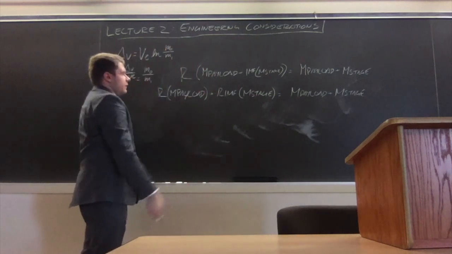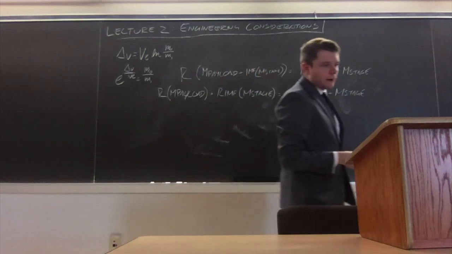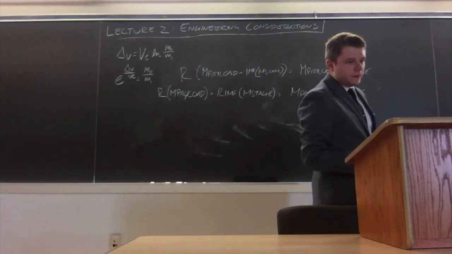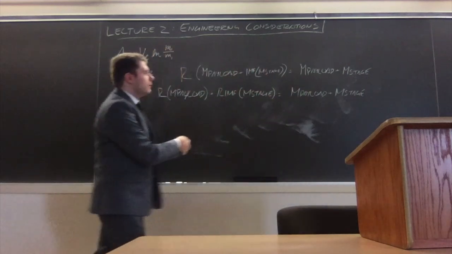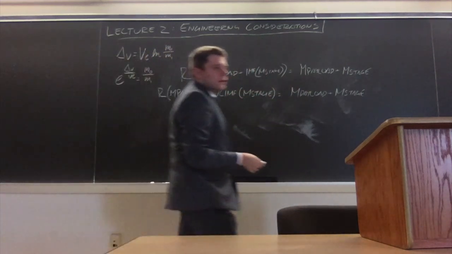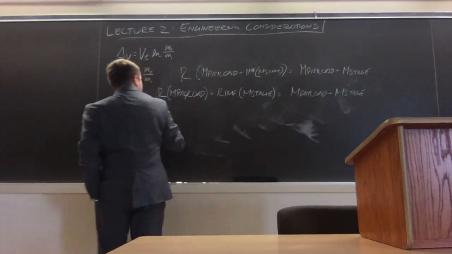We have M payload, M stage. Everything's all nice and relatively happily separated. Now the next step we can do is put everything on the same side. We want all the mass payload on one side, and we want all of our mass stage on the other side. So that looks something like this.